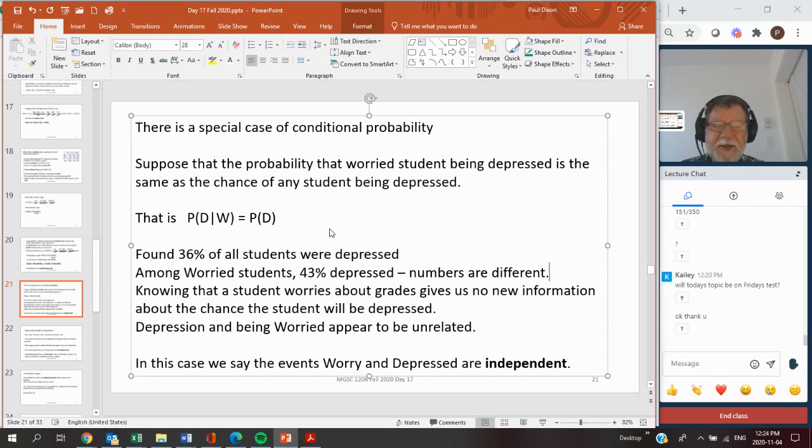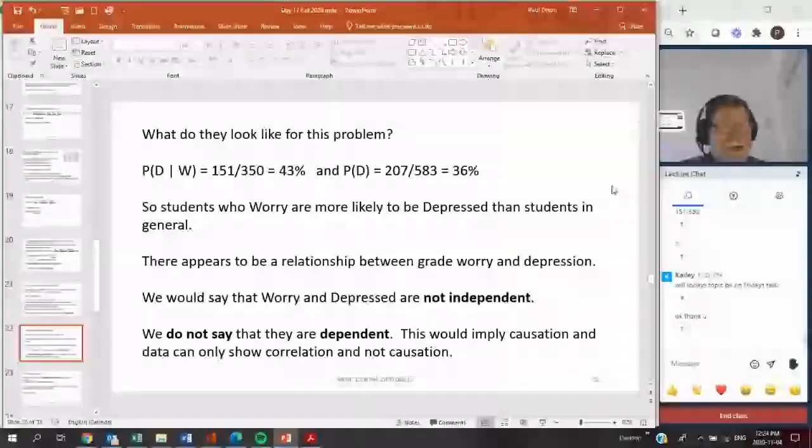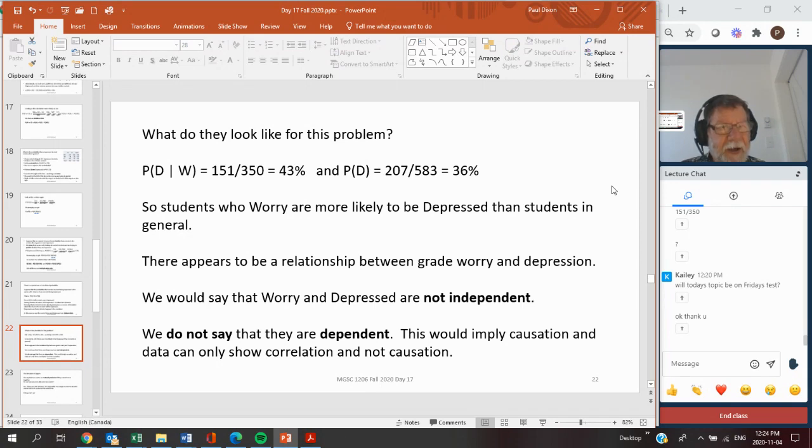I'll probably say this in the next slide. Yeah, see, I had this. So in this instance, we would say that they're not independent of each other, which is a very strange wording. That being worried and being depressed are not independent of one another.